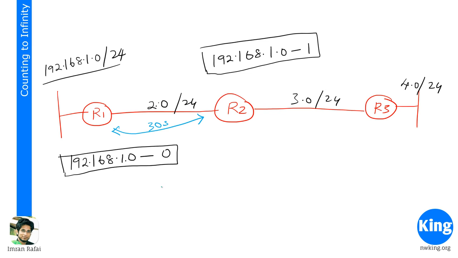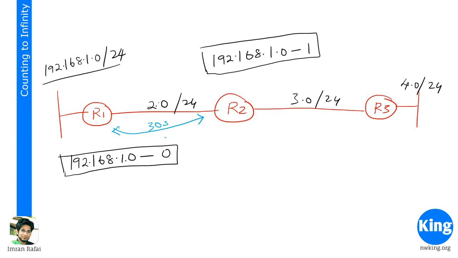So when R2 gets an update which says 192.168.1.0 is available with a hop count of 0, it just adds 1 to it, and it says, okay, 192.168.1.0 is accessible to me with a hop count of 1 through R1, right? This is how normally the routing updates are done, and how the routing tables are populated in each other's.